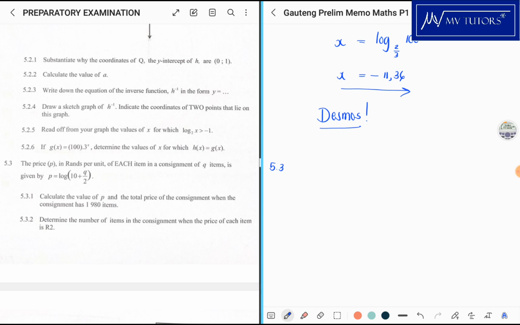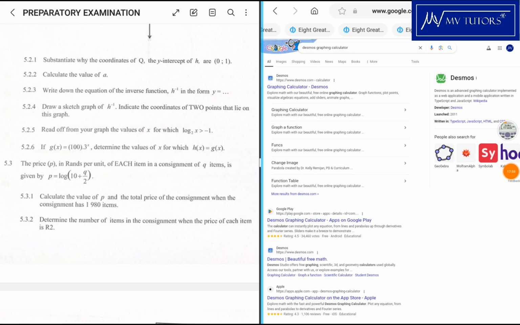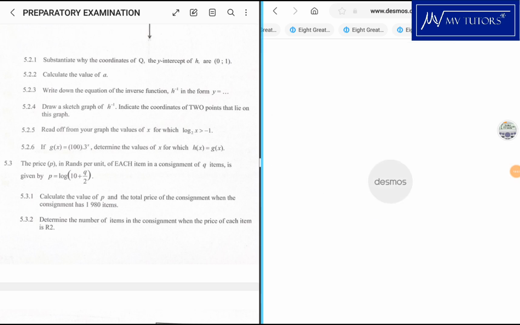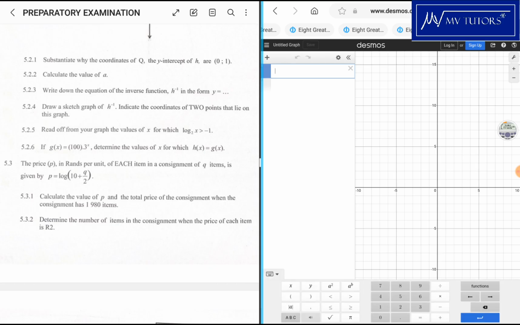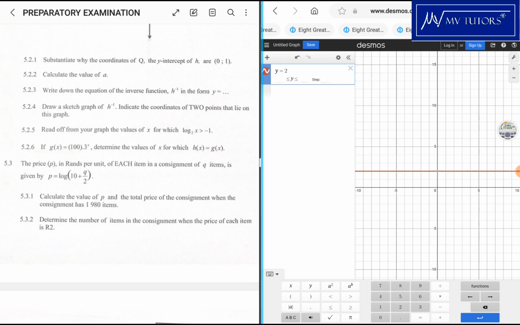Actually, let me just get Desmos for you quickly and let's see how it looks. So this is the graphing calculator, Desmos. We have y is equal to 2 to the power x.